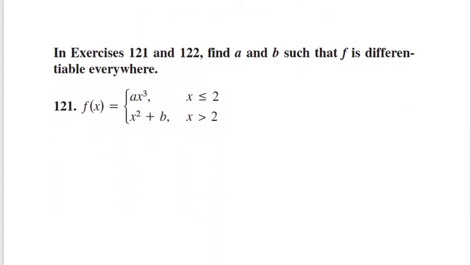The second problem that I want to review is exercise 121. In that exercise, we have to find a and b such that the function f given by a piecewise function is differentiable.